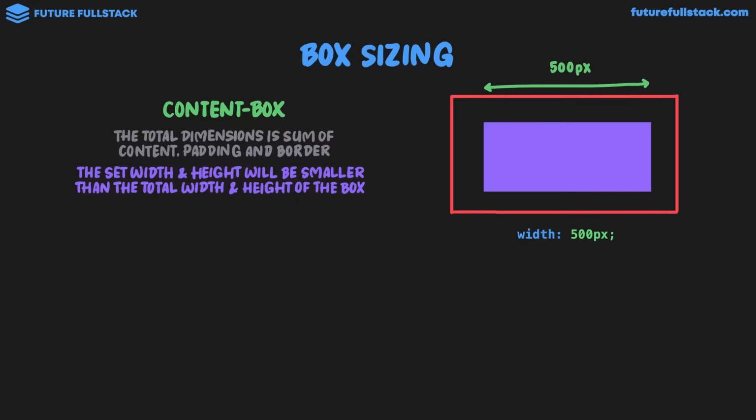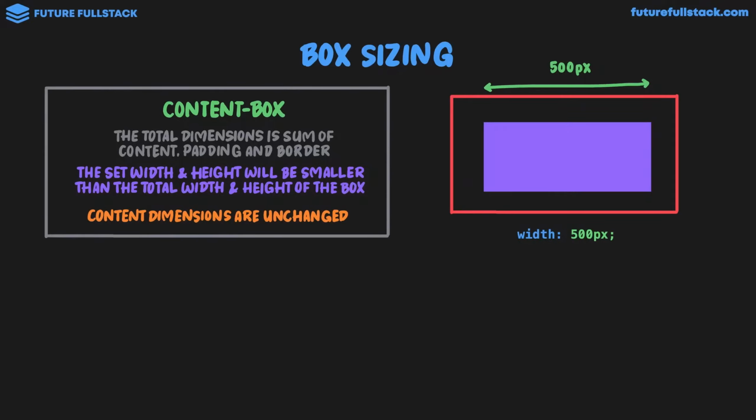What I mean is the width we're defining in our CSS property will always be smaller than the total width, because the total width will include the width as well as padding as well as border. I also want to highlight that the actual content dimensions are unchanged. The width of the content is always 500 pixels. So content-box is the default behavior we've seen so far.